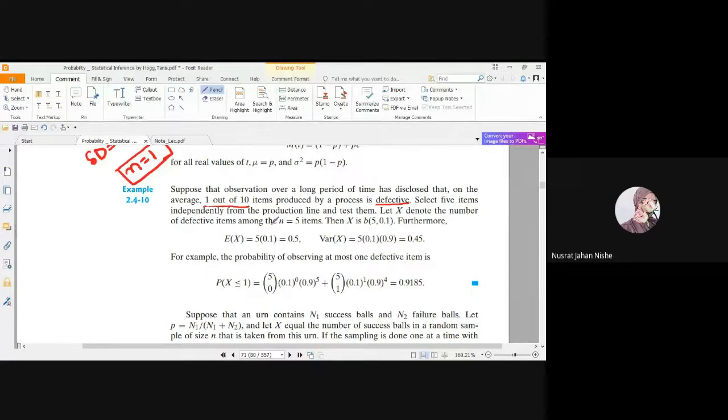They have said out of 10. So what is the rate of defect? 1 out of 10, right? So 0.1 is the rate of defectiveness. So what is q? 0.9, okay?